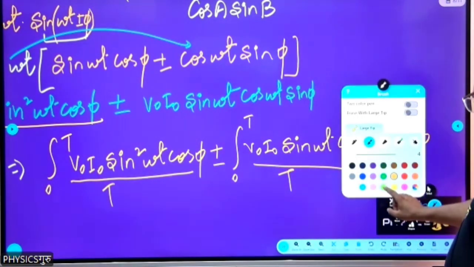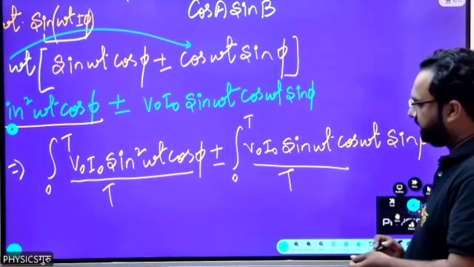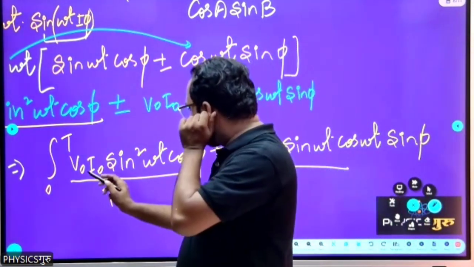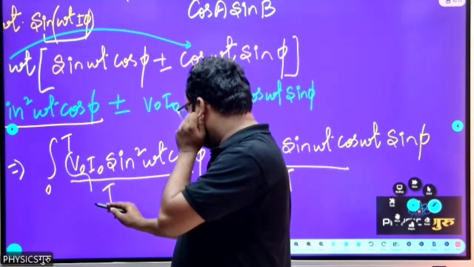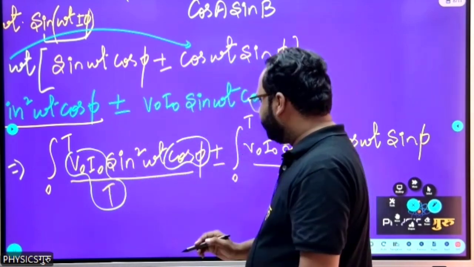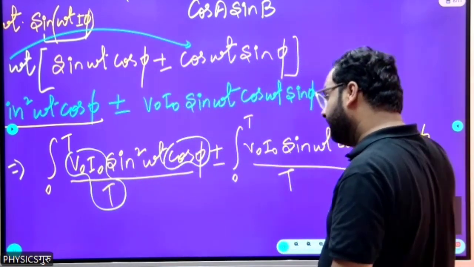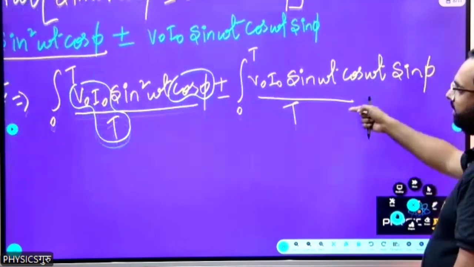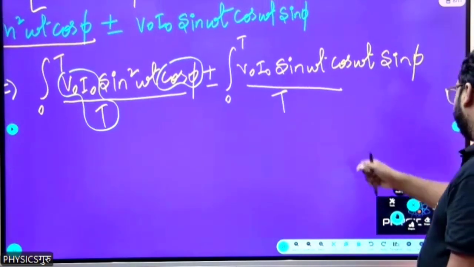So step number one in this particular integration, we need to take V naught I naught by T and cos phi as constant. So just take these terms outside the integration sign, right?